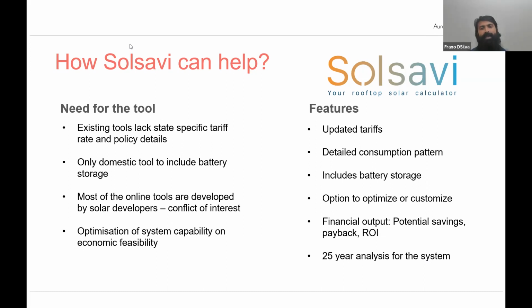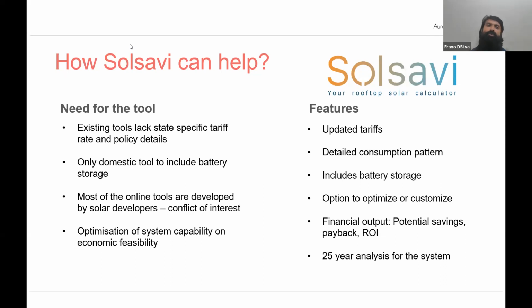The Solsavi application also provides a detailed consumption pattern, so you can define your consumption pattern for 24 hours, or give more details such as a monthly consumption from January to December to devise a detailed consumption pattern of your choice.